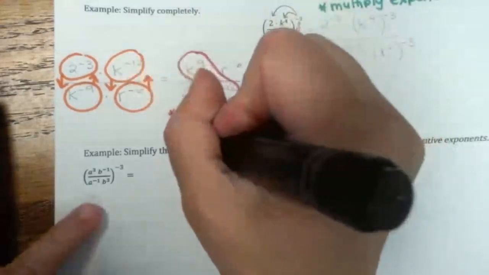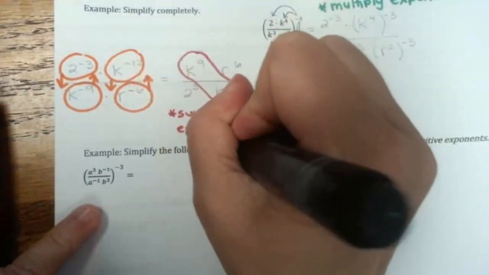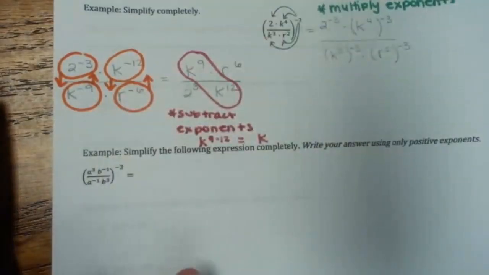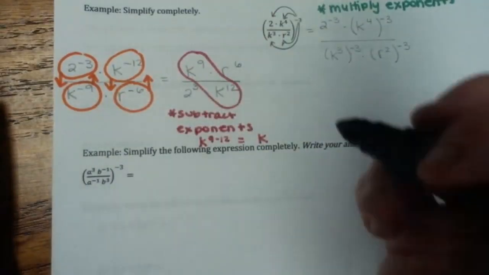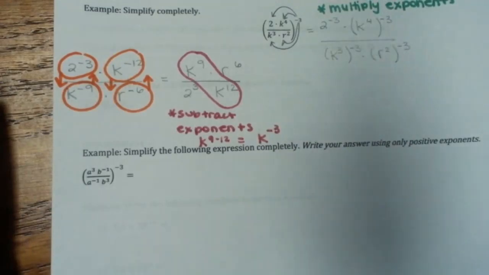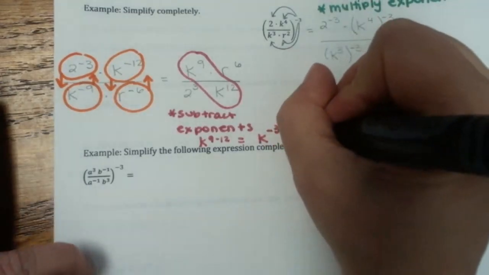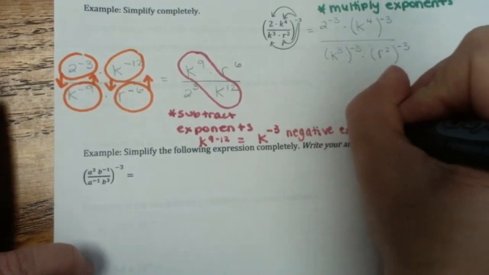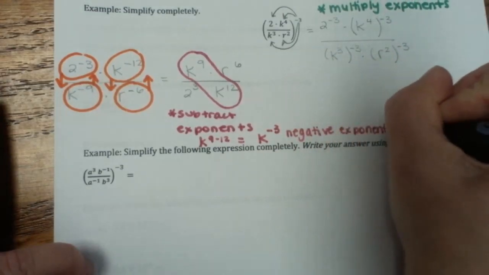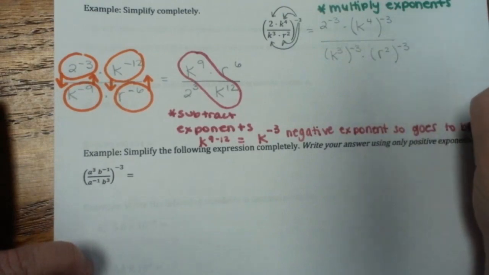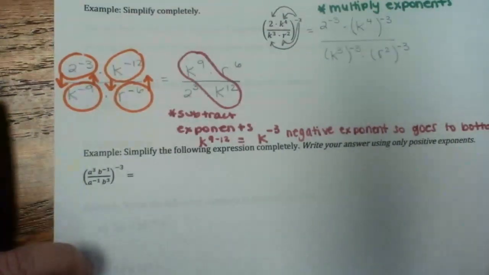So k to the 9 minus 12 would give us negative 3. Because it's negative, it goes to the bottom, and that'll make it positive.